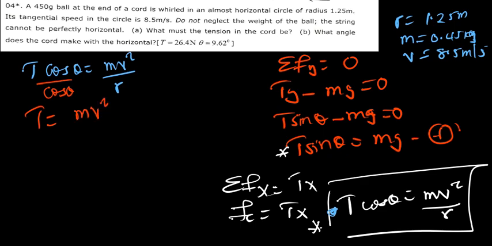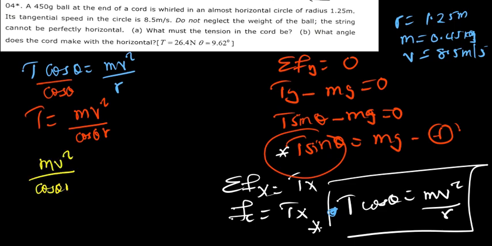So I'll have T is equal to mv squared divided by cos theta times r. That is the same as, where there is T here, you put mv squared over cos theta r. Also there is T there, then it is equal to mg.